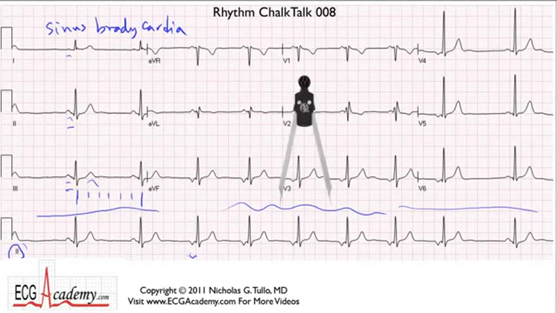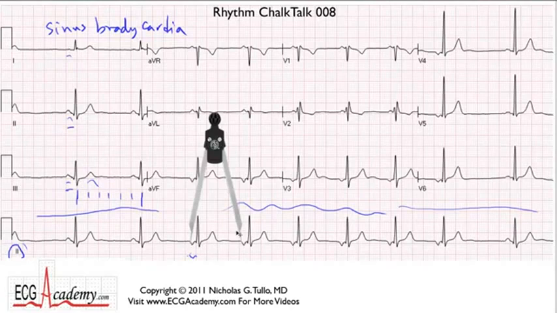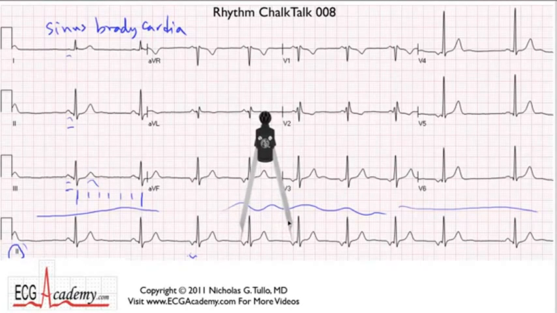And if we take another pair of calipers that I've set for the P to P interval here, which if you count back, would be about 300, 150, 100, 75, 60, maybe 66 beats per minute, you can see that the next P to P interval actually speeds up a little.